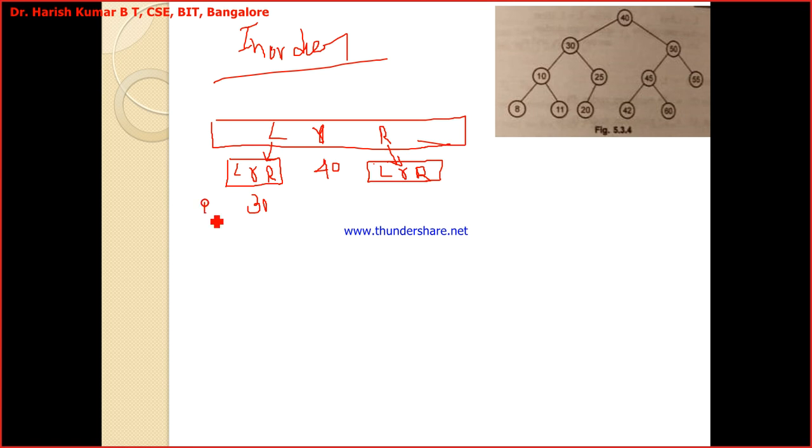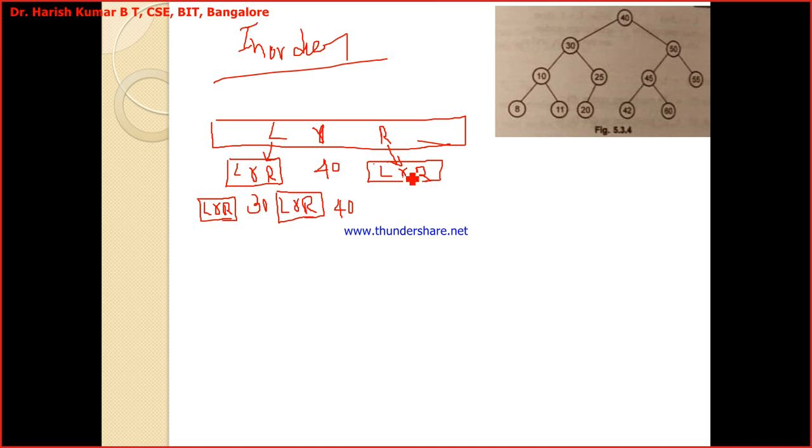I'll write here L, small r, and then big R. Is there a right subtree for 30? Yes. Again L, r, big R. And this 40 I'll write as it is. Okay. Now, what is the root node? So I'll come to that.